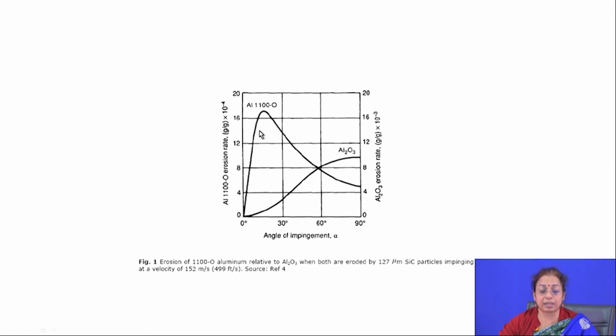So, as the angle of impingement is lower, the force, energy and sharpness play an important role in having maximum impingement on the surface, which leads to material removal. On the other hand, if it is ceramic material, if the particles fall perpendicular to the surface, naturally the maximum amount of load is borne by the surface, and you will find that maximum wear occurs.